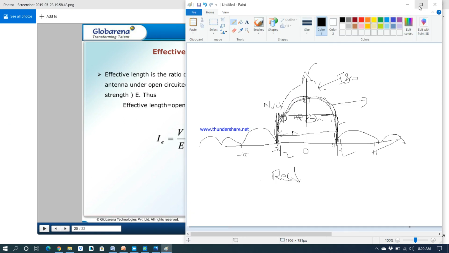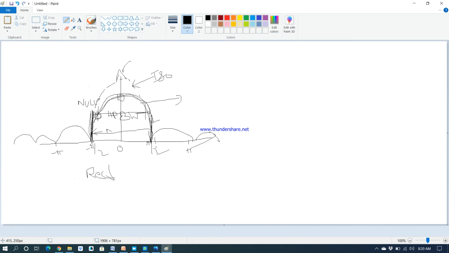Okay students, today we talked about a rectangular plane pattern, and what about lobes, a major lobe, side lobes, back lobe, and minor lobes, and what is a null, and what is a half power beam width, and what is a first null beam width.